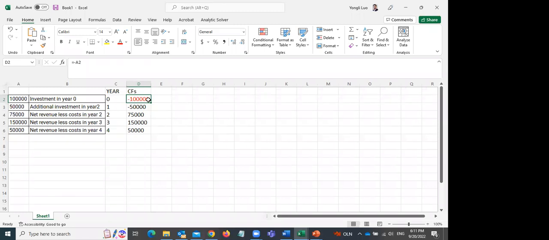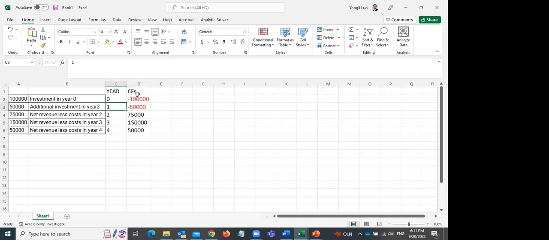Usually the initial investment is followed by the first, second, third, or fourth years, all with positive cash flow. But in this case, the second year has additional investment, so the cash flow is also negative. I use the right color, remember, either red or parentheses, which means negative in Excel.